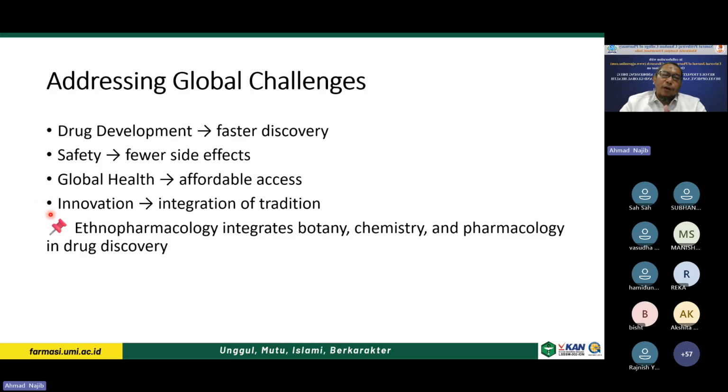So ethnopharmacology can integrate botany, chemistry and pharmacology in drug discovery.